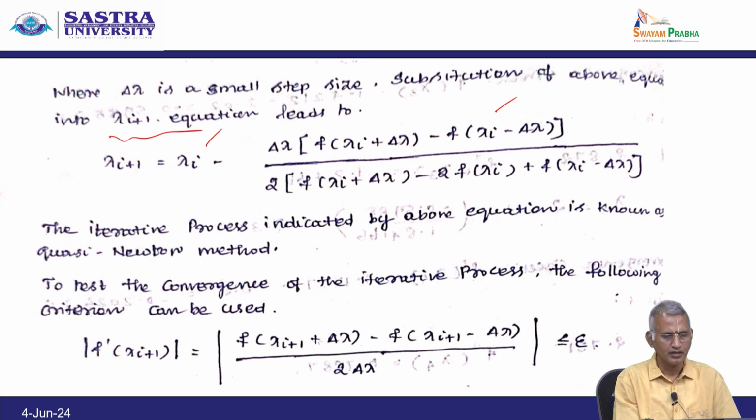So, this is the i plus 1th iteration of the Quasi-Newton method, where delta lambda is a small step size. The iterative process indicated by the above equation is known as the Quasi-Newton method.